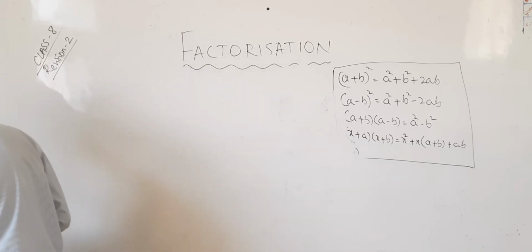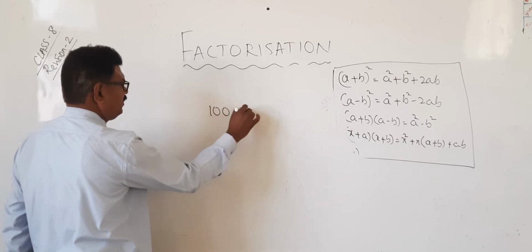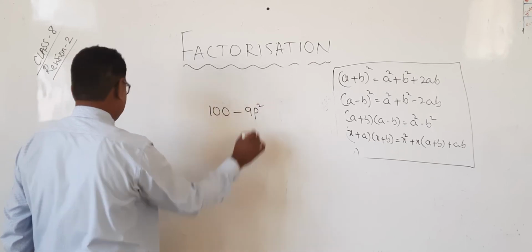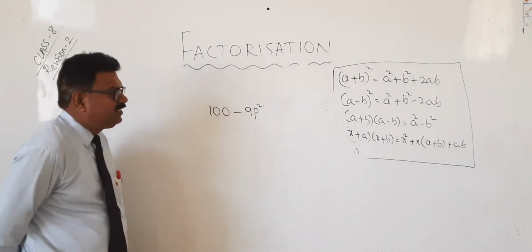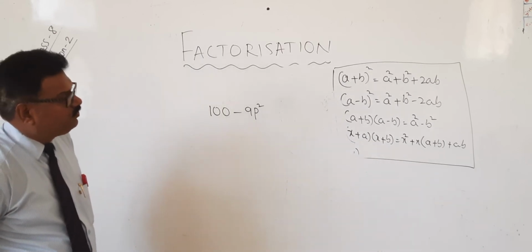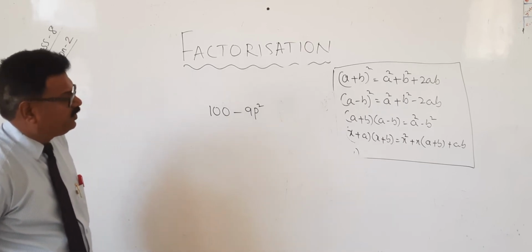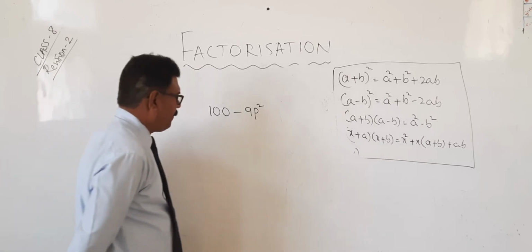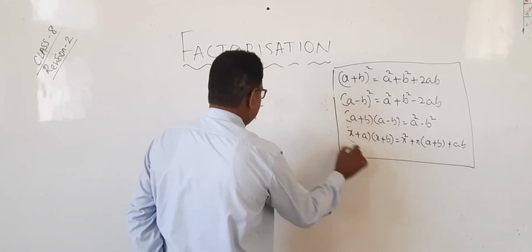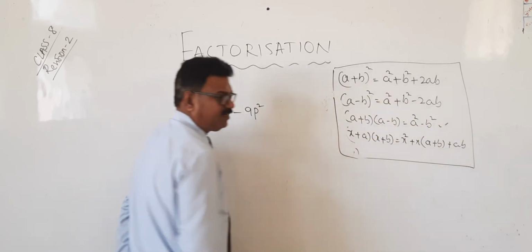Yes, one more problem. 100 minus 9p square. In which method or which identity do we have to use? A plus b whole square, a minus b whole square, a plus b into a minus b, or x plus a into x plus b. If you observe that only 2 terms are there, therefore this is the method.